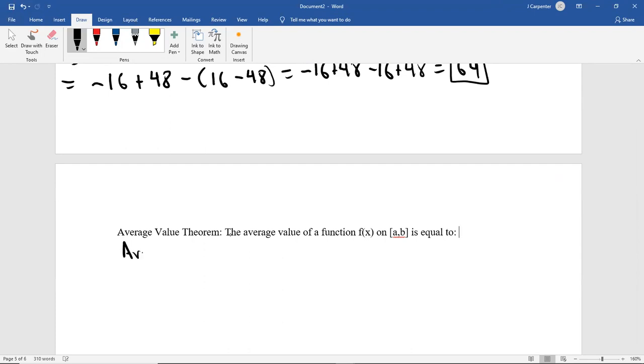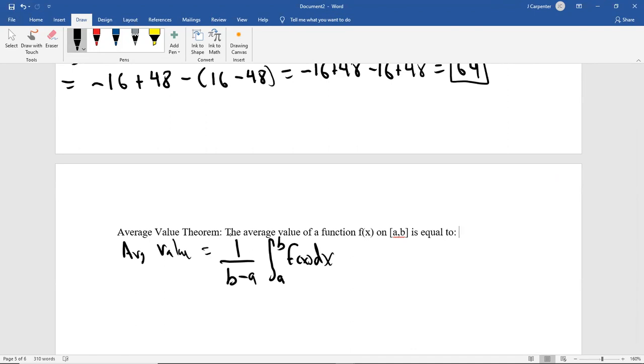So your average value, again, from a to b, is equal to 1 over b minus a integral from a to b, and then it's just the function integrated.